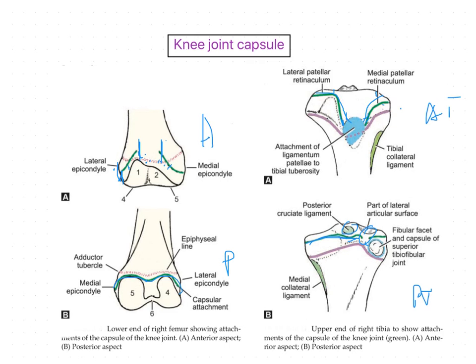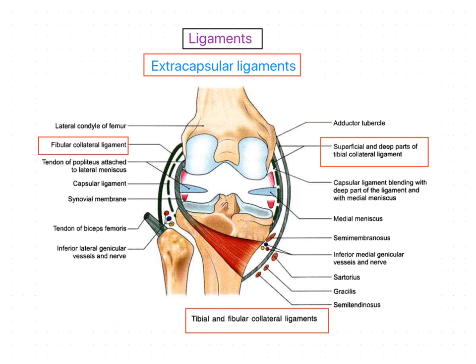And posterolaterally it again has an opening for the passage of the tendon of popliteus. So these are some of the important features of the knee joint capsule. Now we will move on to the other ligaments.